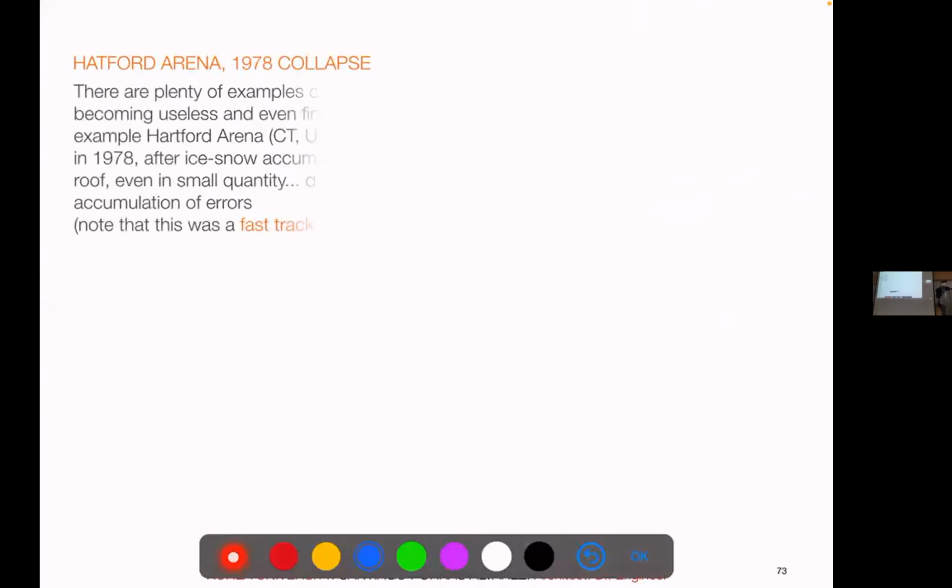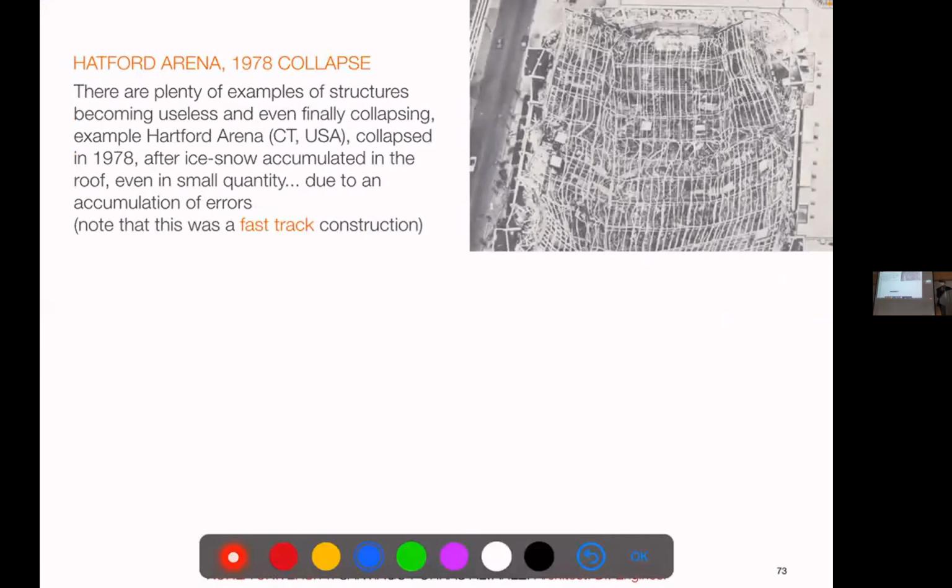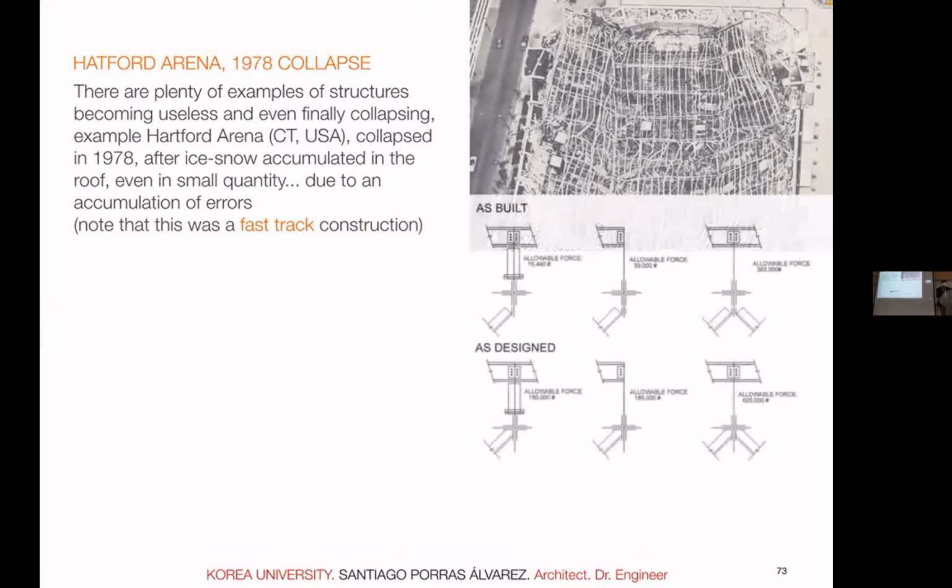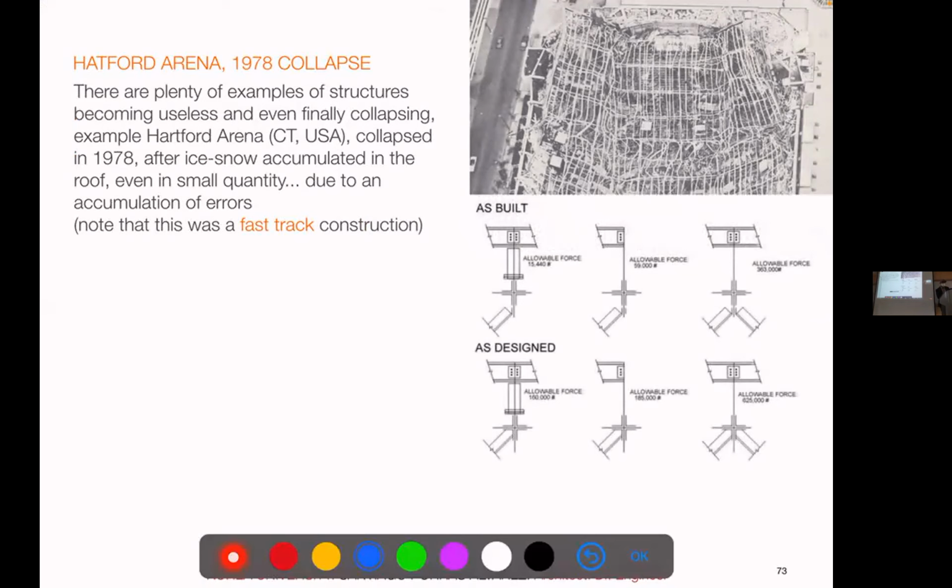Another case, 1978, Hartford Arena. It was, again, changed during the construction and computer case. So the details were perfectly aligned connections. It's just a dimension more complex. It is very difficult to make, so they just moved the connections a little bit to make it possible to do well. This makes a much weaker connection.